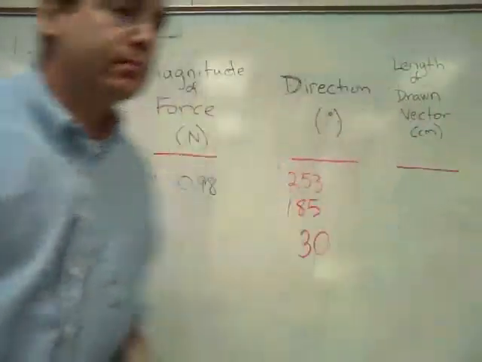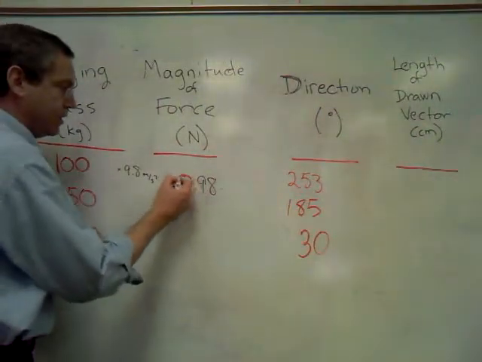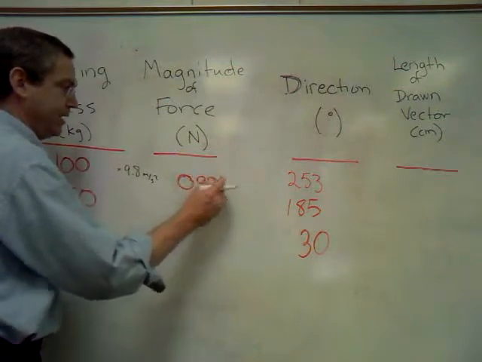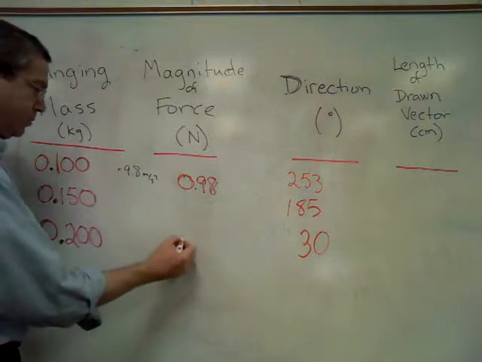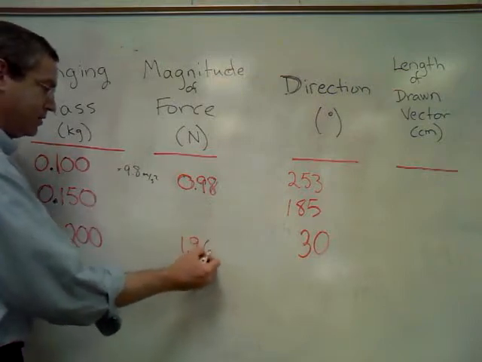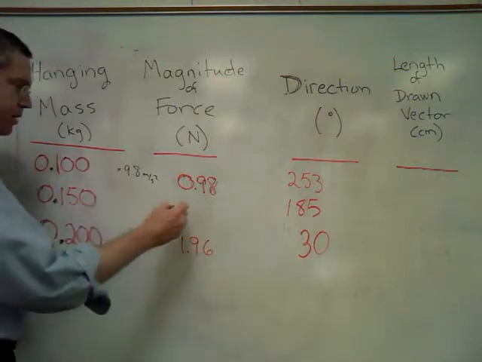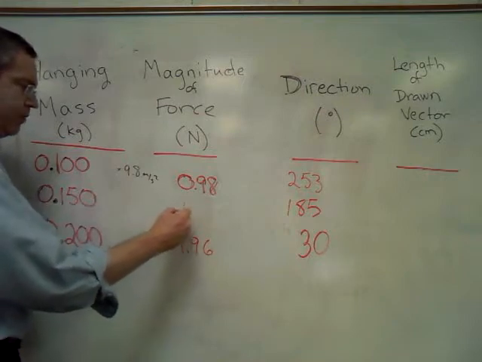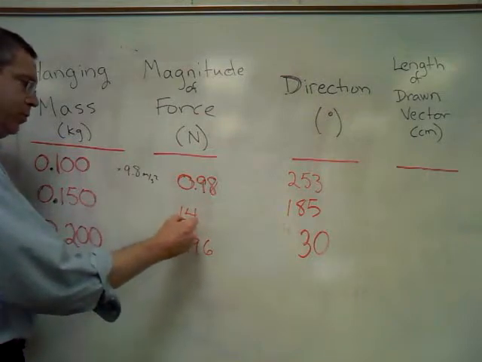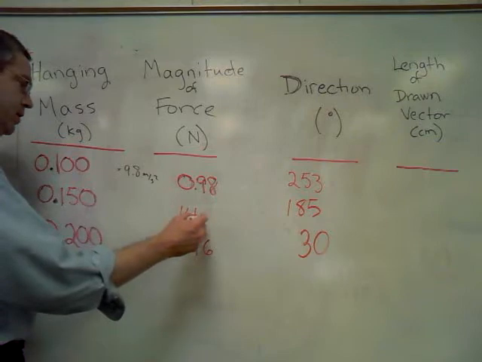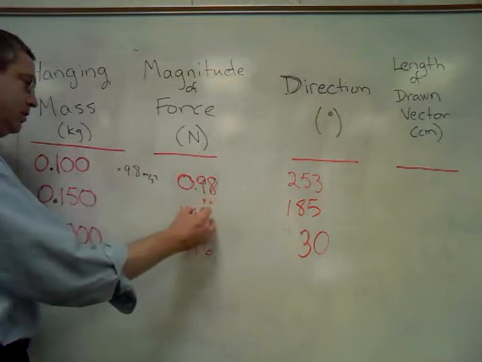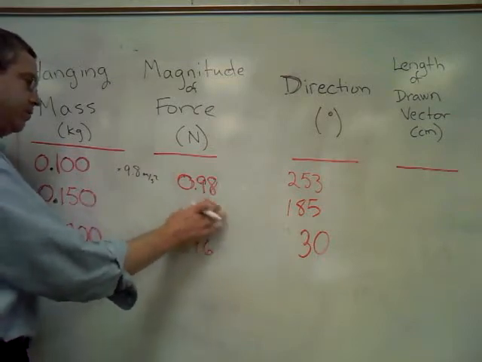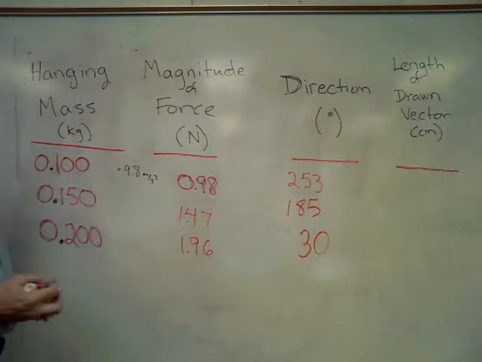And so this is 0.98 newtons. 0.2 is 1.96 newtons. And this would be 1.47 newtons.